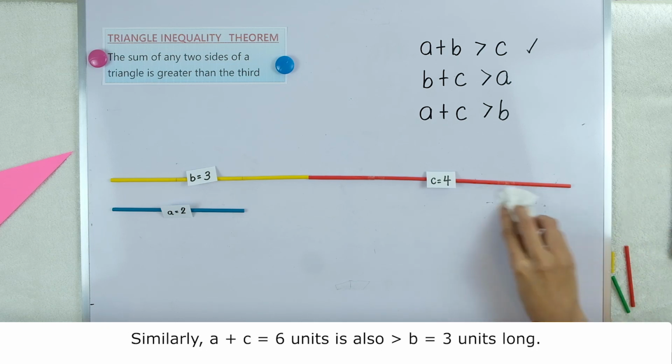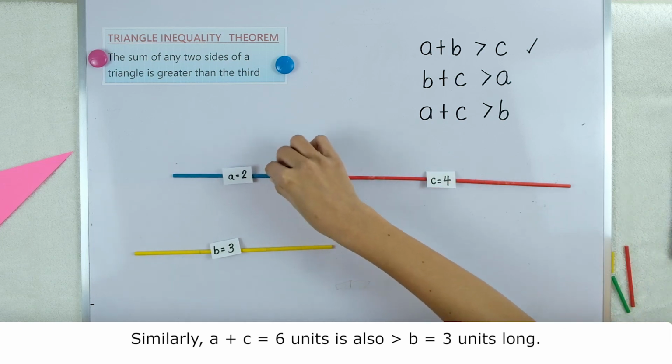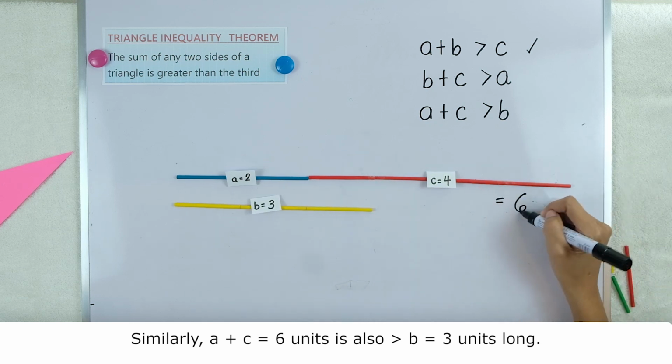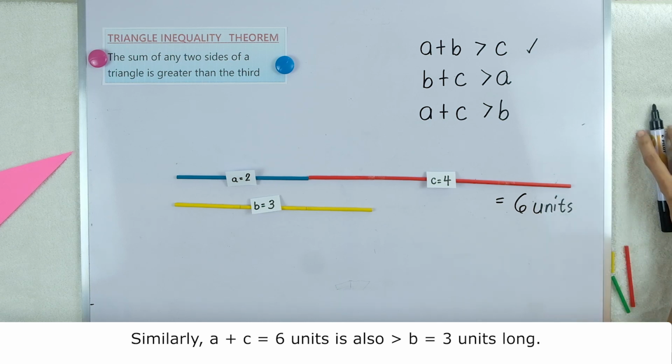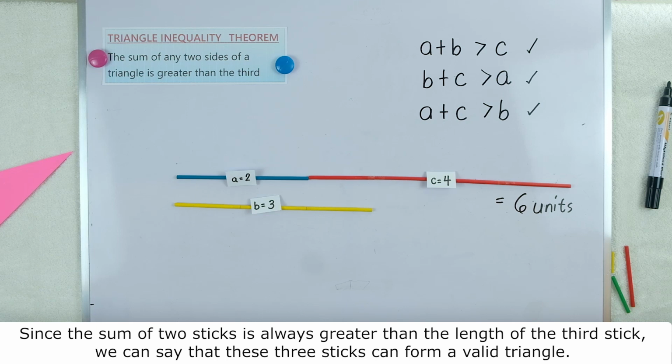Similarly, A plus C, which is now equal to 6 units, is also greater than B, which is 3 units long. Since the sum of any two sticks is always greater than the length of the third stick, we can say that these three sticks can form a valid triangle.